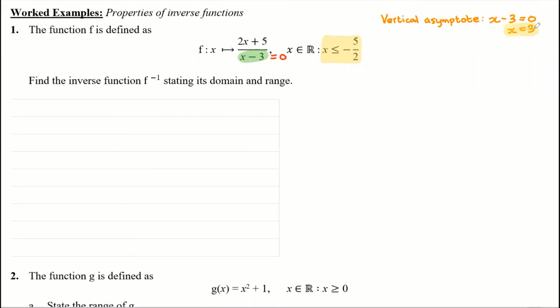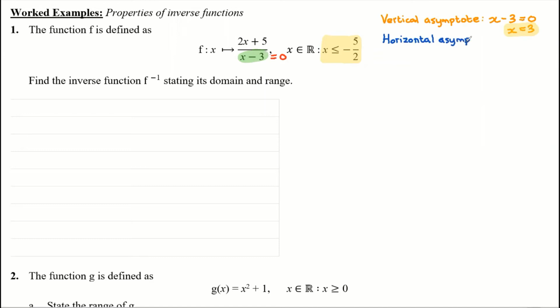So that's really good. We can also think what would happen horizontally. Is there a horizontal asymptote? Well, yes, there is. Horizontally, we just imagine what would happen if x suddenly got very big in the positive direction or very big in the negative direction.